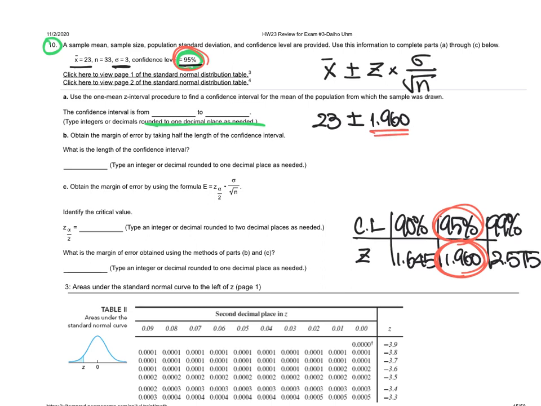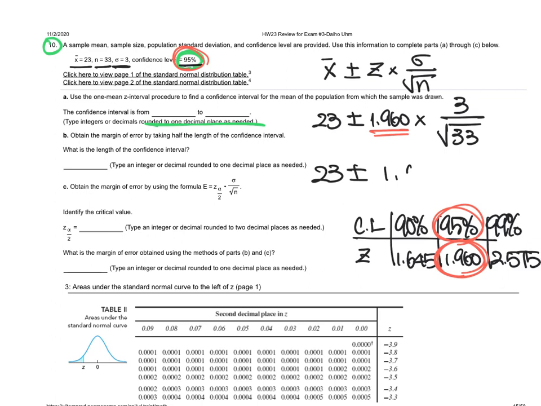Continuing, we plug in sigma, which was 3, and the square root of the sample size, 33. So let me keep the point estimate, the sample mean 23, and the margin of error, the second part, will be 1.96 times 3 over square root of 33.